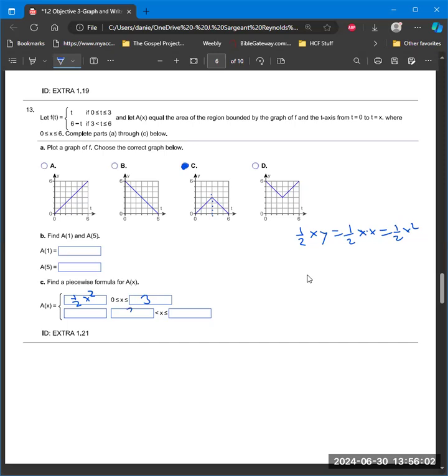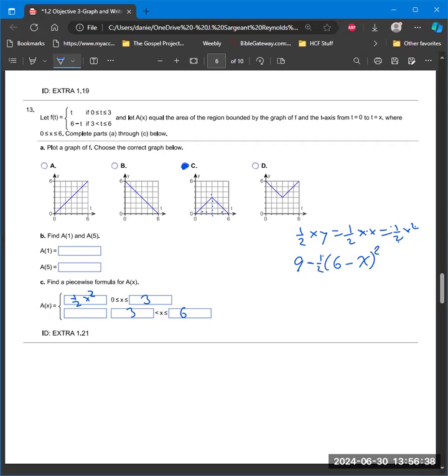Now, between 3 and 6, I'm going to have to think of the whole thing here. So 3 squared would be 9, 9 halves plus another 9 halves would be 9. So start with 9, and I need to subtract the part that's not shaded over here on the right, which is a right triangle, which is going to be 6 minus the x value squared times 1/2.